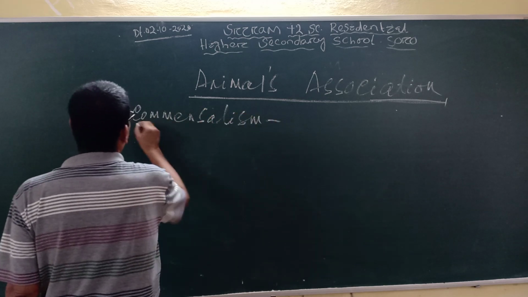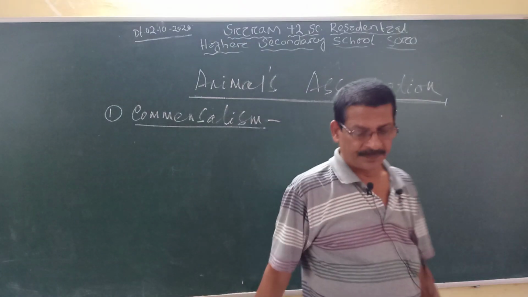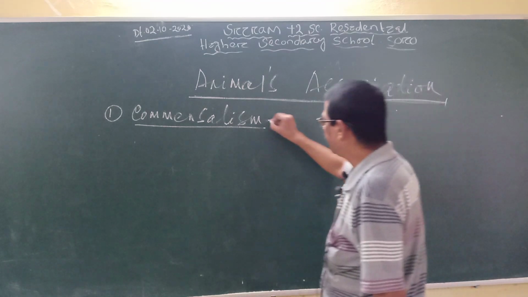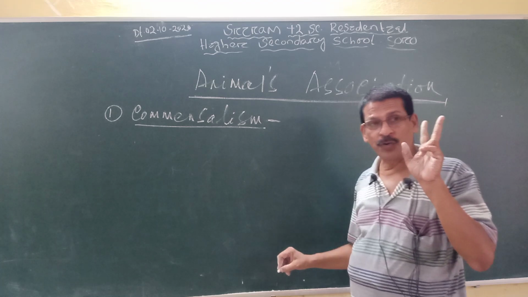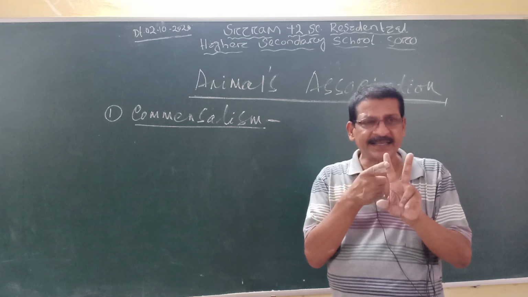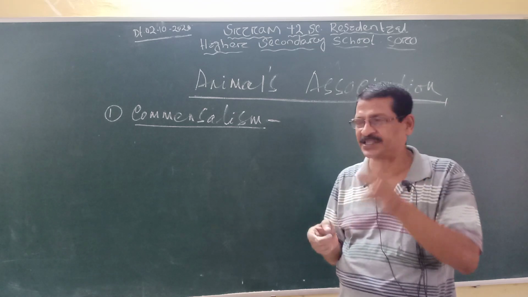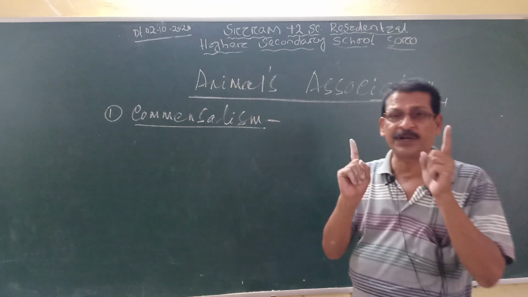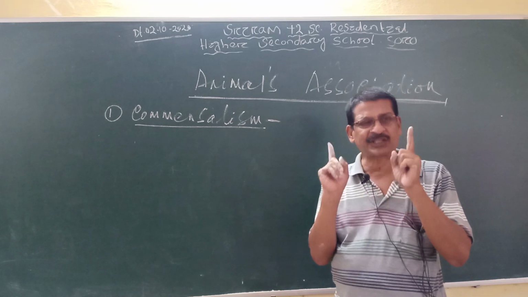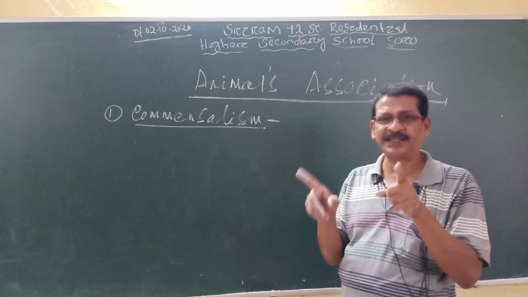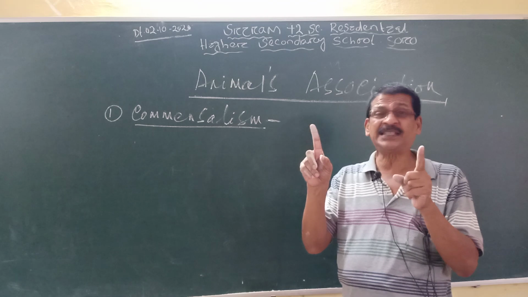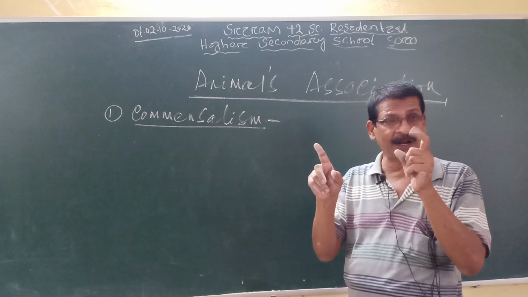What do you mean by commensalism? Try to understand me very clearly. Commensalism is an association between two different organisms or living beings or animals, where one is benefited and the other is neither benefited nor injured.